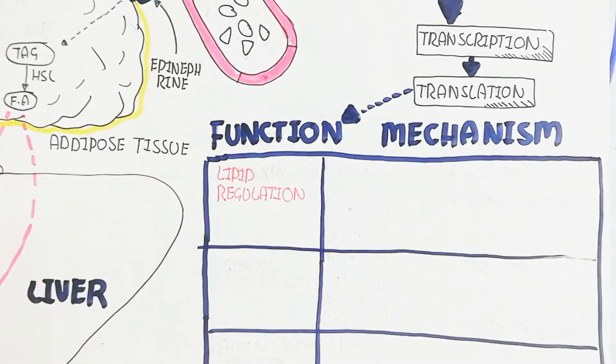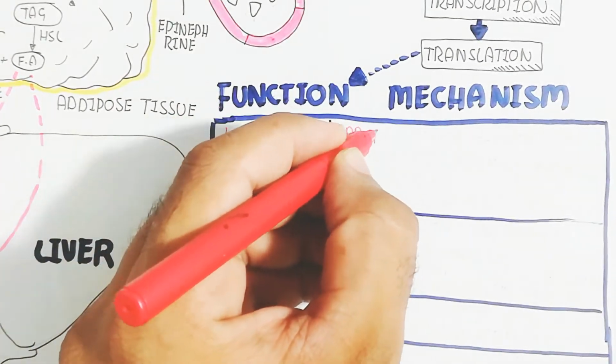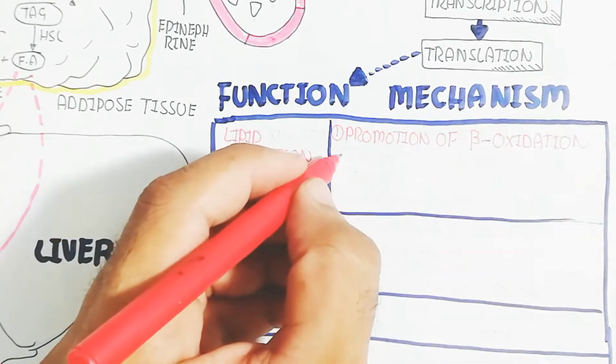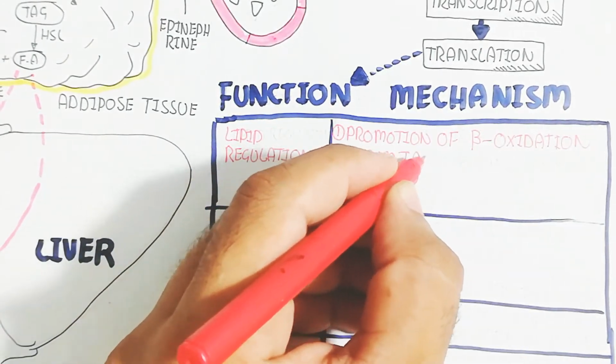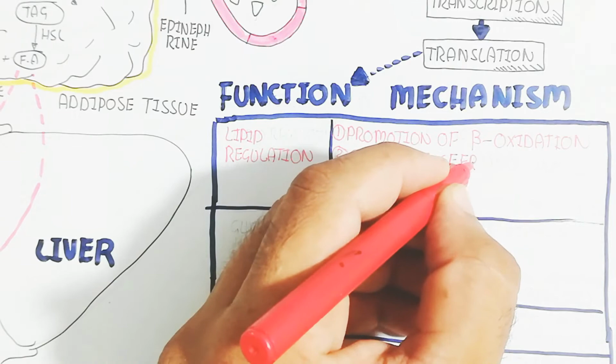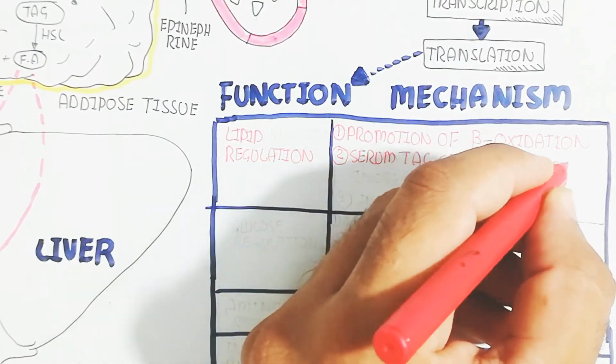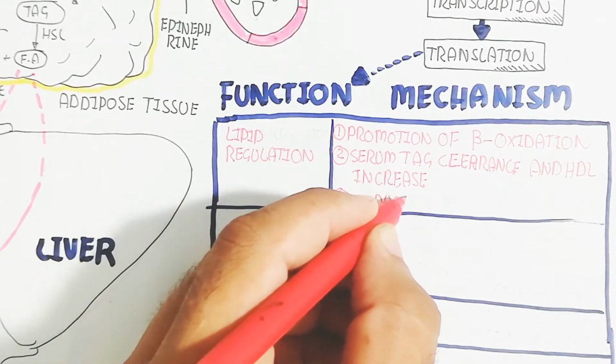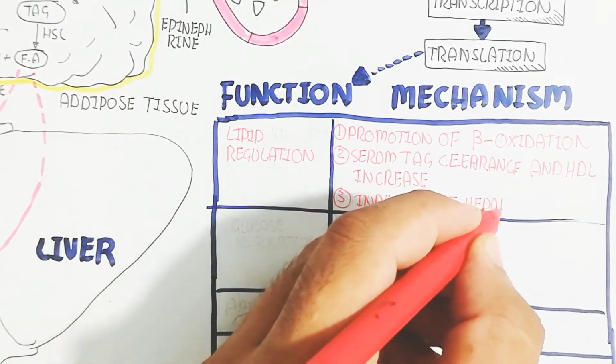So the function is lipid regulation also. Number one is the promotion of beta oxidation, serum triacylglycerol clearance, and high density lipoprotein increase. So that is beneficial. And induction of hepatic lipogenesis will also occur, the lipid formation in the liver.